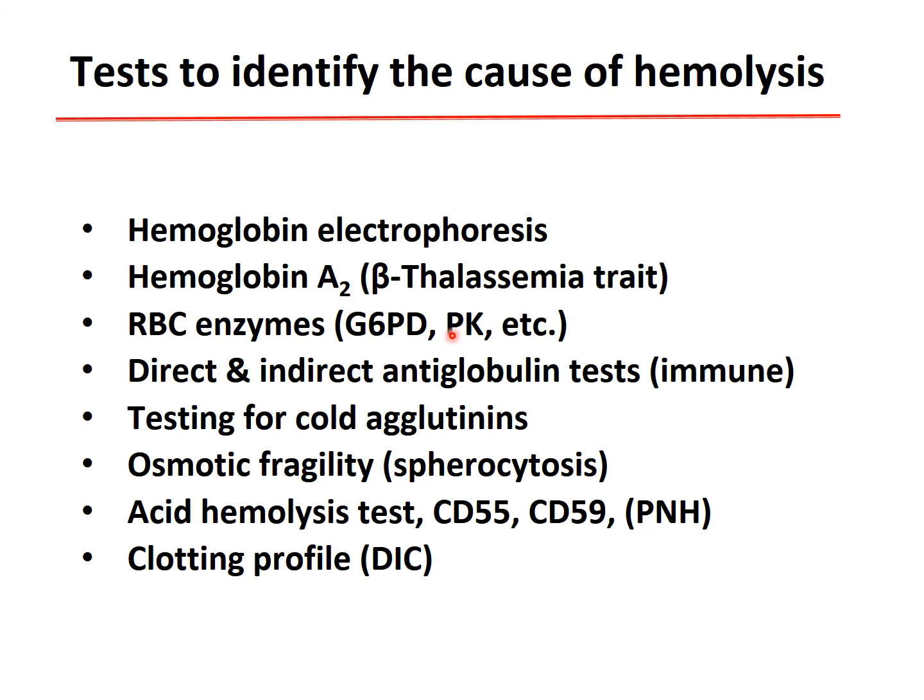Now, you can detect the enzymes, for example, glucose 6-phosphate dehydrogenase and pyruvate kinase. Or we said the agglutinin test, testing for cold agglutinins, we can perform it. Or the osmotic fragility test. For example, spherocytes are very sensitive to osmotic stress.